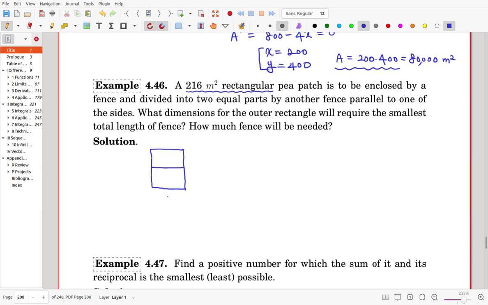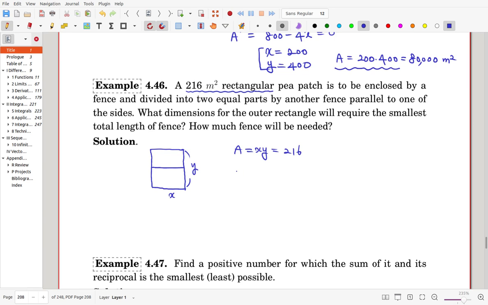If we introduce variables, x for this side and y for the whole thing, then the area must be xy, which is given as 216, right?